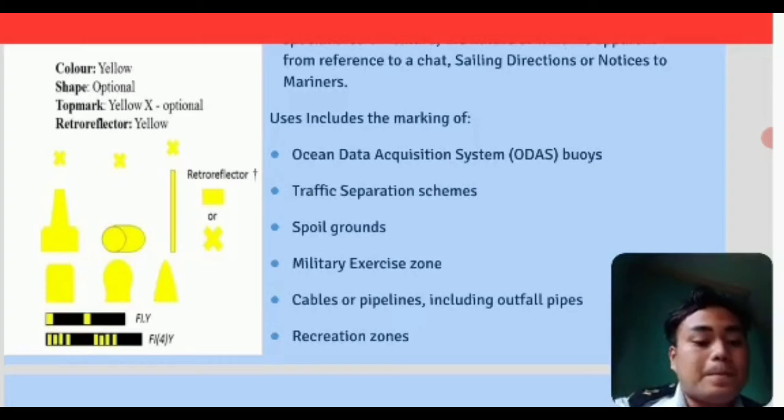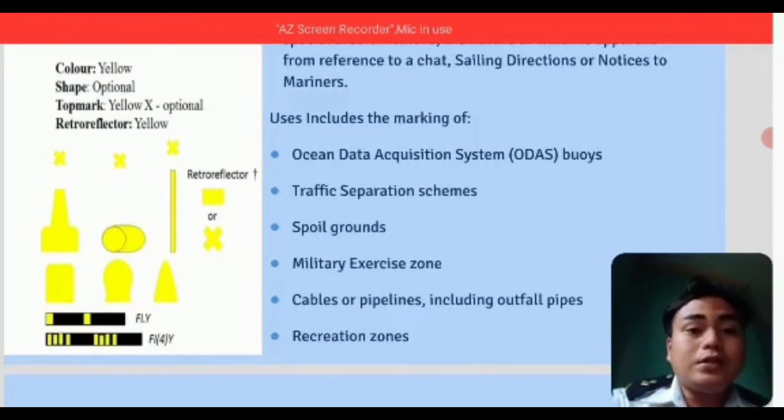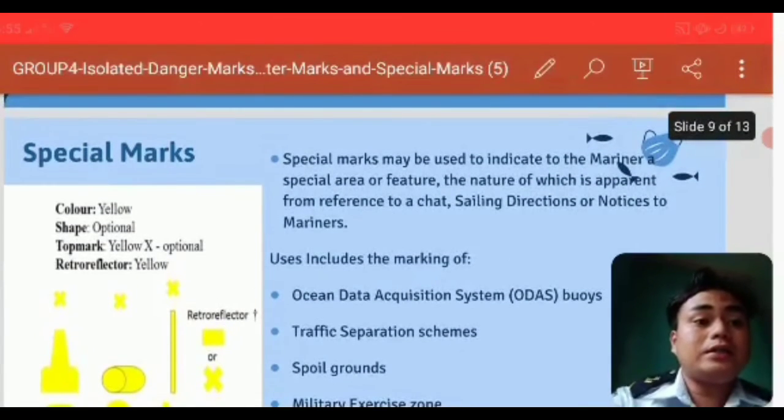For example, a channel for deep draught vessels in a wide estuary, where the limits of the channel for normal navigation are marked by red and green lateral buoys, and may have the boundaries of the deep channel indicated by yellow buoys of the appropriate lateral shapes, or its center line marked by yellow spherical buoys. That is another example of what special marks define.